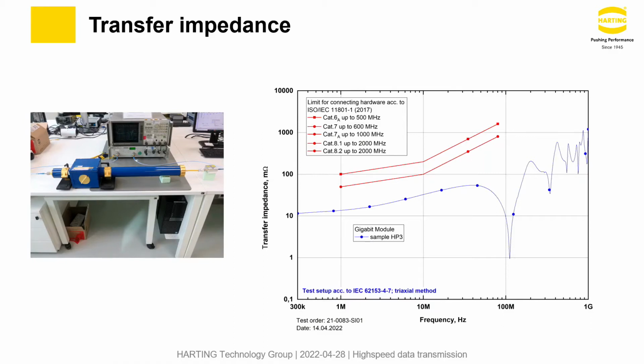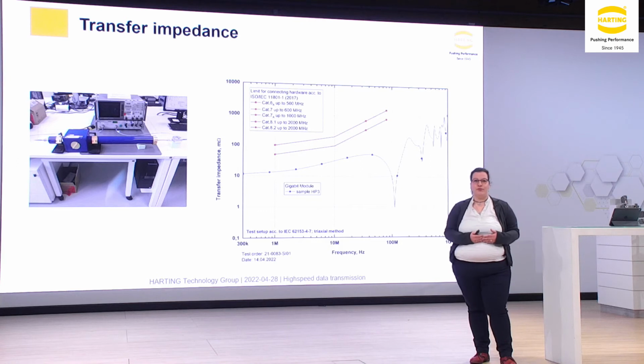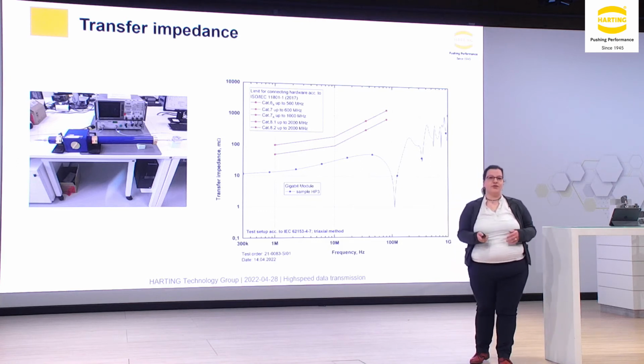We see here in the diagram in red the limit values for Cat 6 or up to Cat 8 applications, and we see in blue the performance of the Cat 8 module that you've seen before presented by Finn. And we see they are very well below the respective limit values, so they show a very good performance for these categories.